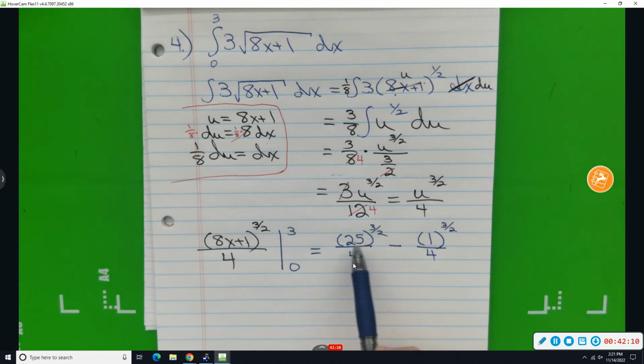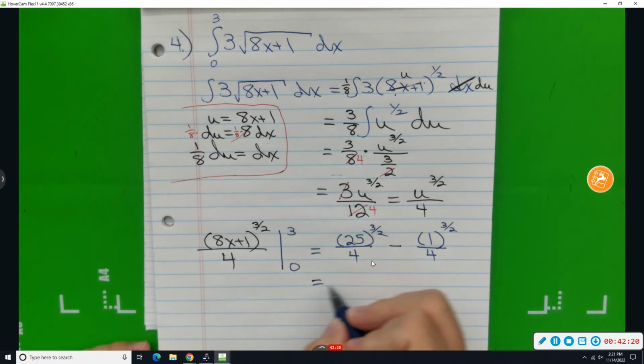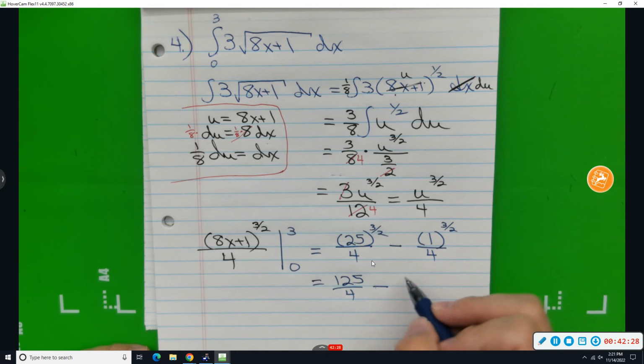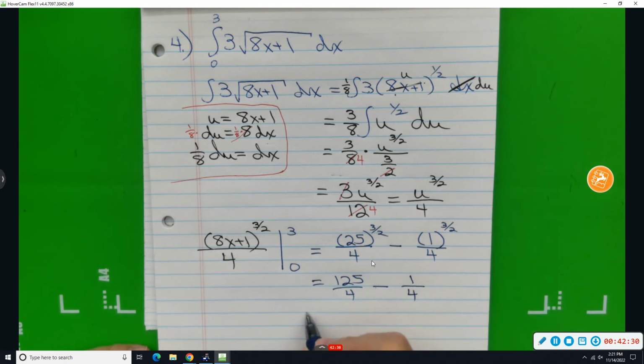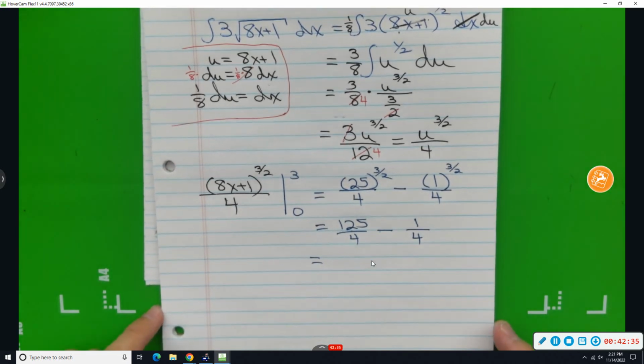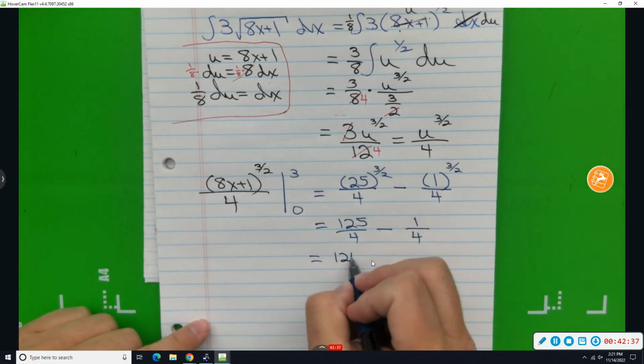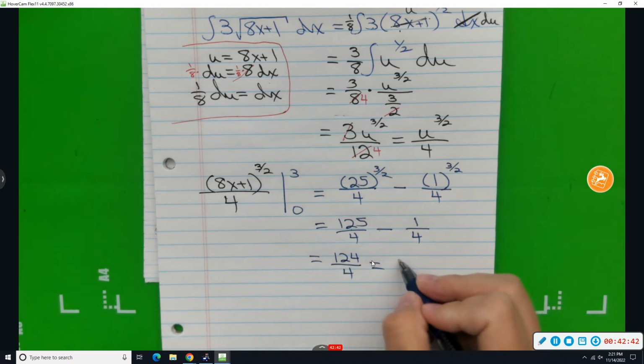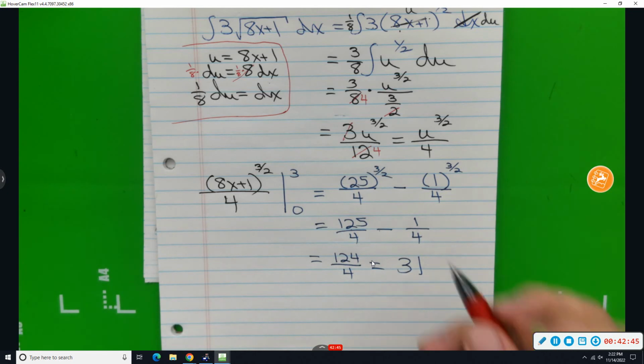That little 2 says you're taking the square root of 25. We know what the square root of 25 is. The square root of 25 is 5. Cubed is 125, so we have 125/4 minus 1 to any power is 1. 125 minus 1, that gives me 124/4, which goes in very nicely 31 times.